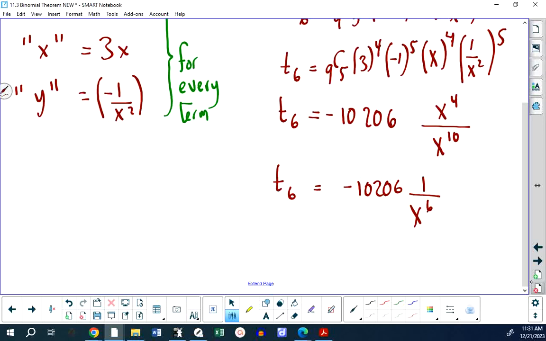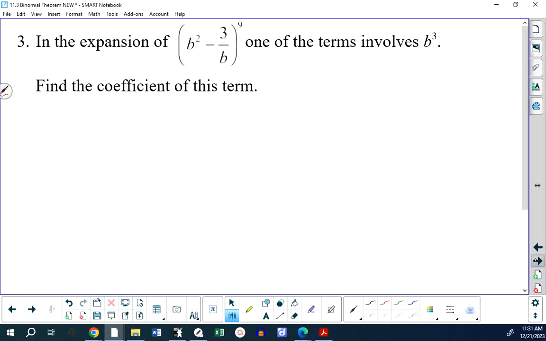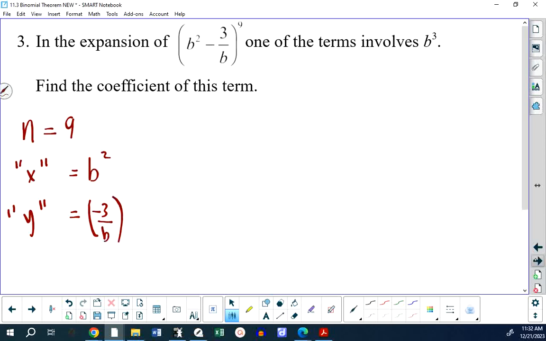You can't know it. So let's make a list of what we do know. We know n is 9, and we know x is b squared, and we know y is negative 3 over b. And my question for you is this. If we want to find the coefficient of that term, and we're told that this term is some number times b cubed, what important piece of information are we missing?